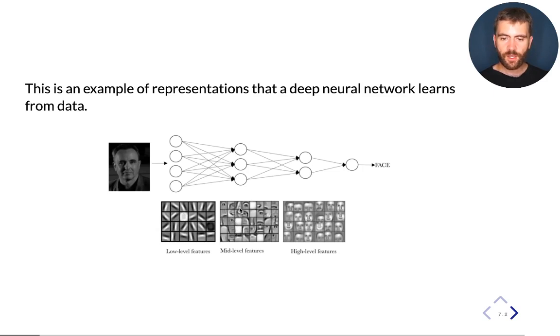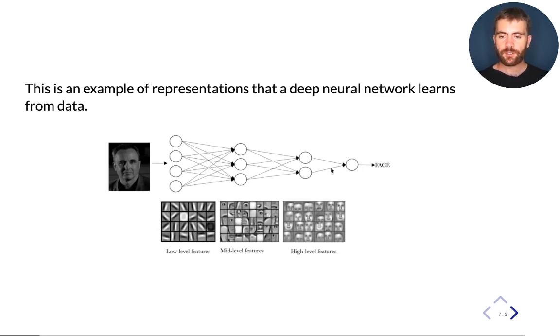Here you see an eye, an ear, a nose. What this means is that this neuron fires when it sees a combination of inputs coming from lower layers that correspond to edges, and these edges form a structure that has an ear or a nose or some kind of familiar shape.